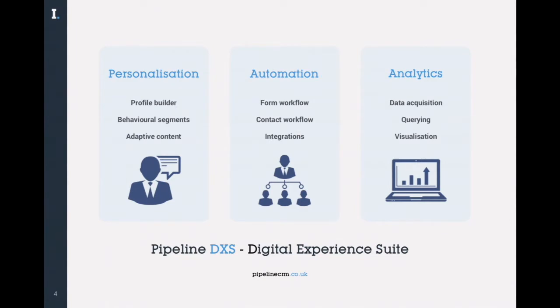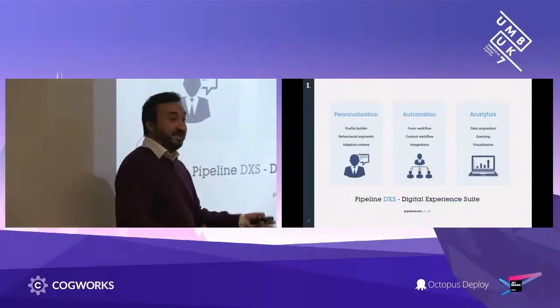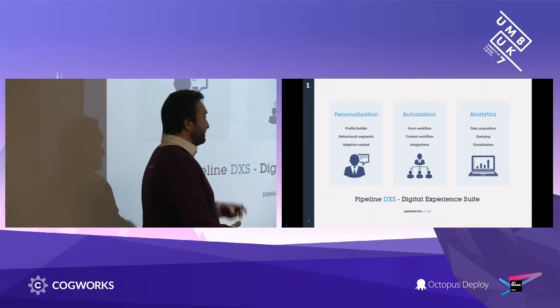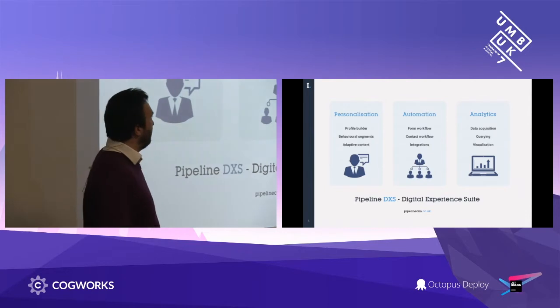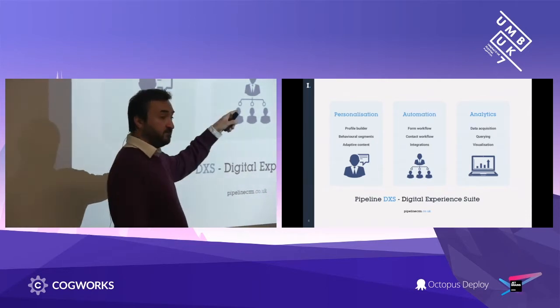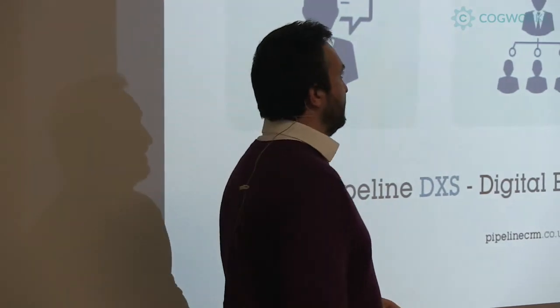So we're looking at things like a form workflow, contact workflow, so email this user 10 days after they have registered, things like that. And also integrations, so a platform for you to start moving things around. And an analytics bit, which is a part of Invest that I'll show you today in digital finance. So it's not just about analytics on website users, but it's also getting data in and showing visualizations and charting to the end user. And that's coming up later on.